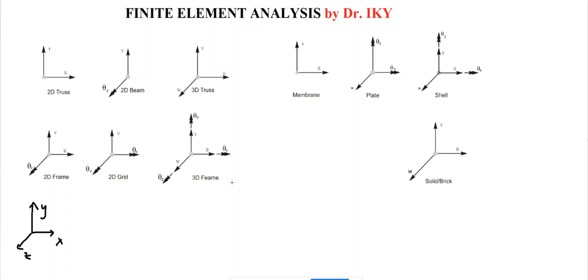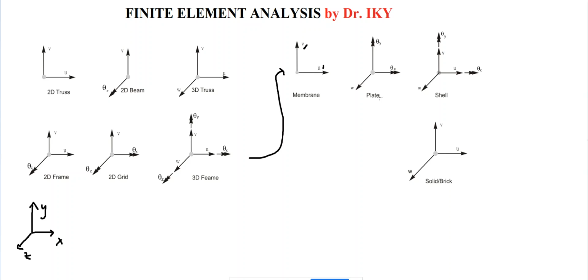Finally, 3D frame, we got 1, 2, 3 displacements, and again 1, 2, and 3 rotations. So if we come to the membrane definition, you get two displacements, u and v.